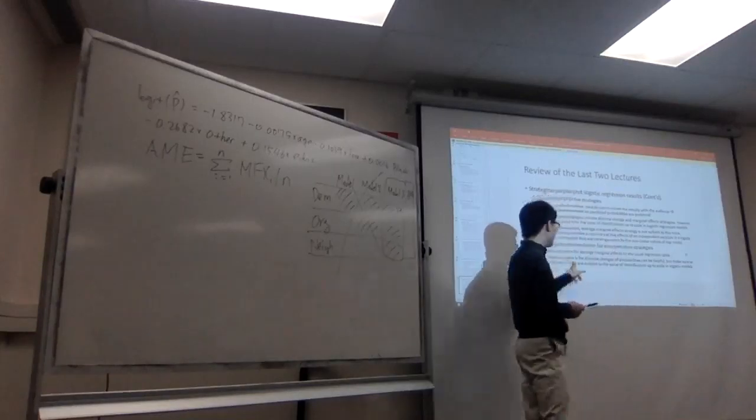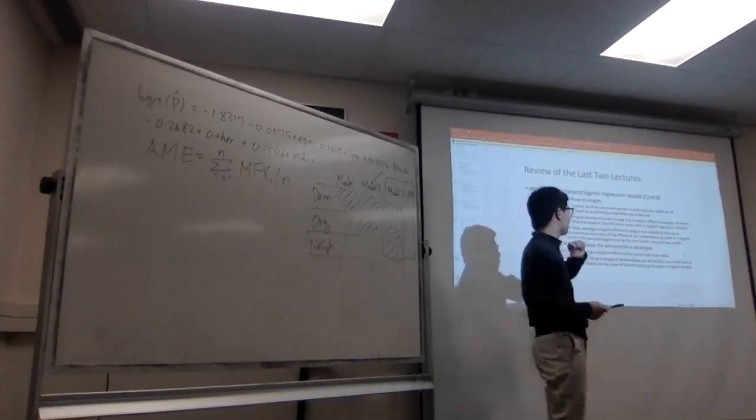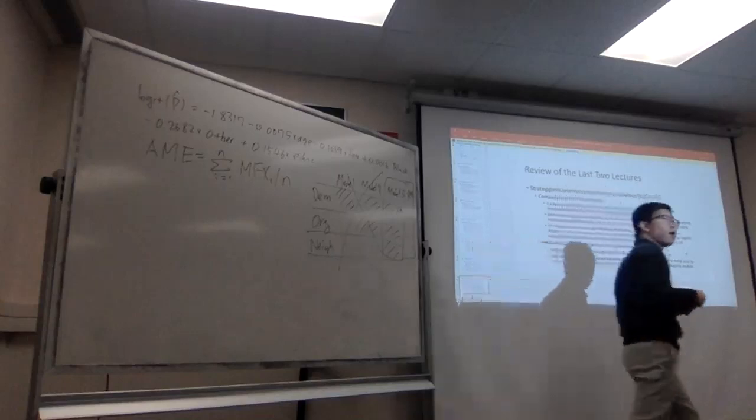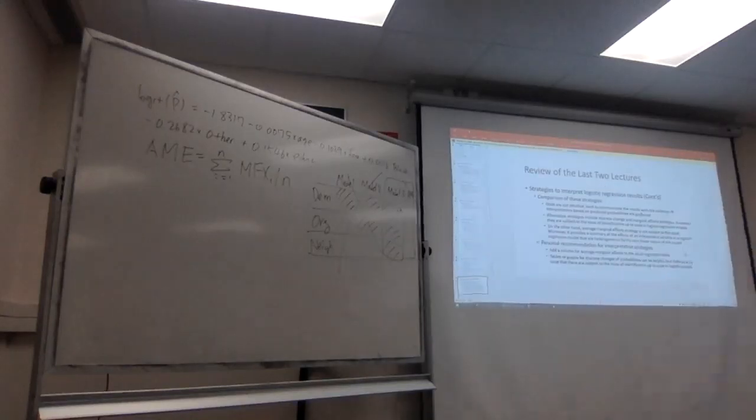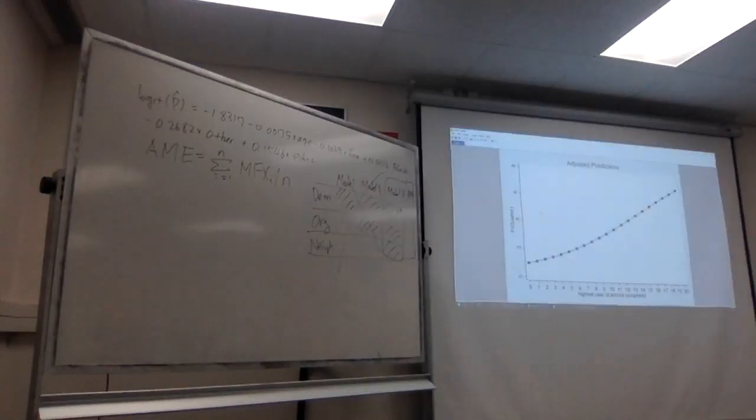Still, tables or graphs for discrete changes of probabilities can be helpful, just like this graph. It can be helpful, but you should make a note that these are subject to the identification up to scale issue.